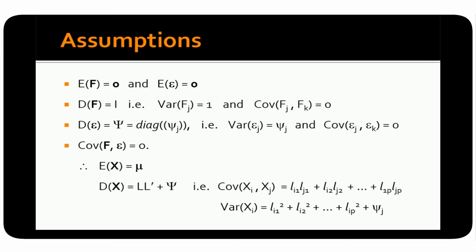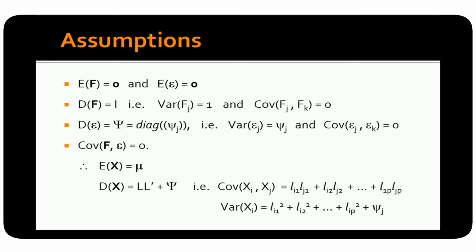Okay. So, the second assumption that we make is that the covariance of f is equal to the identity matrix, that is, the variances of the fj's are equal to 1 and the fj's are uncorrelated among themselves. So, the covariance is 0. It is a diagonal matrix with all the diagonal elements equal to 1. We assume that the covariance of epsilon is equal to psi, which is a diagonal matrix.